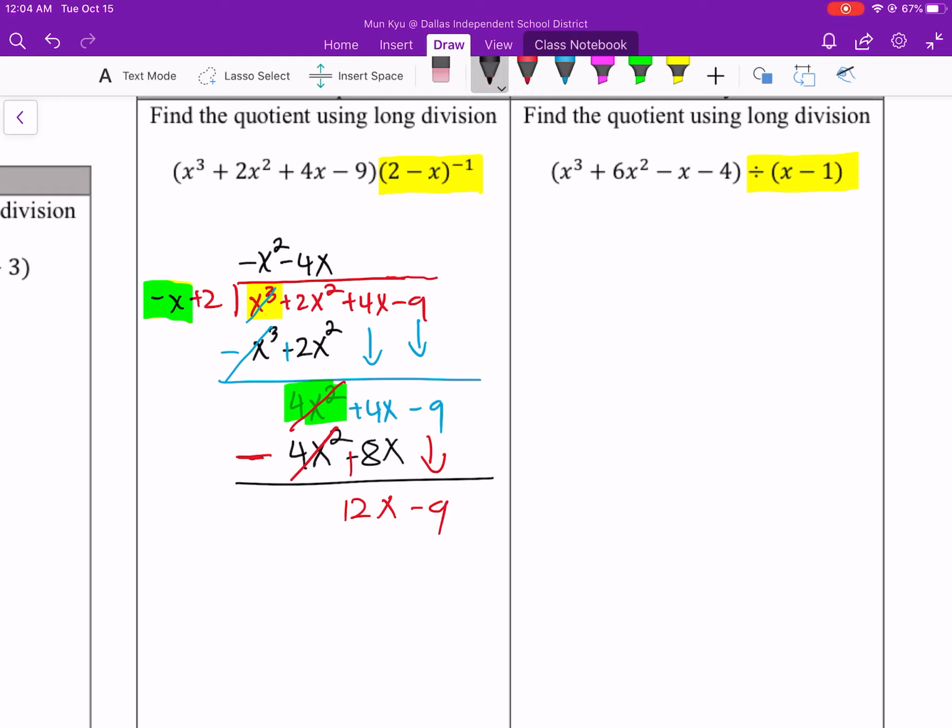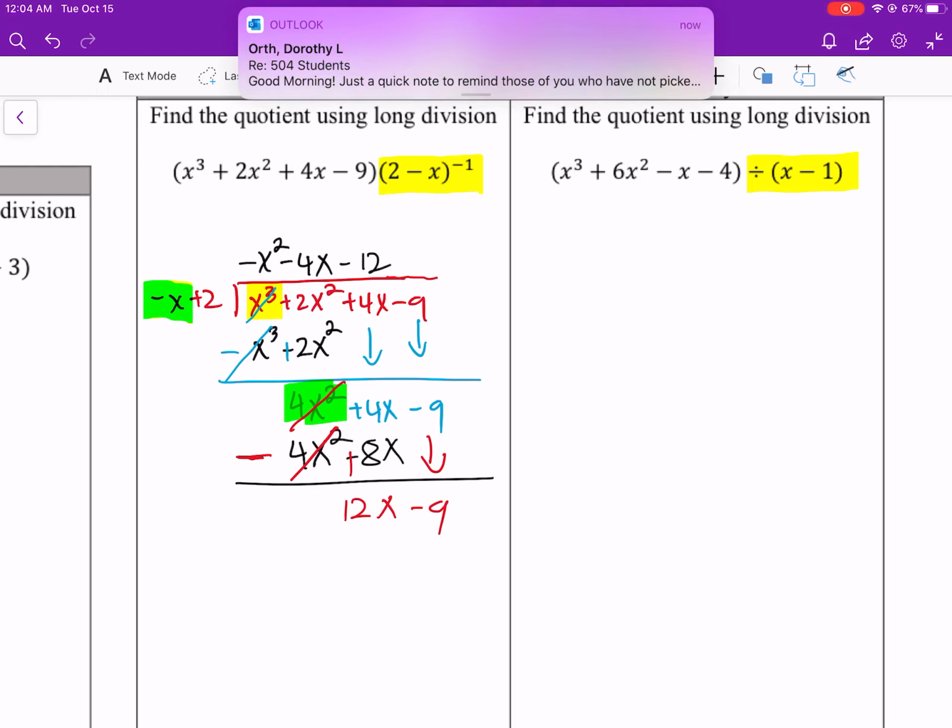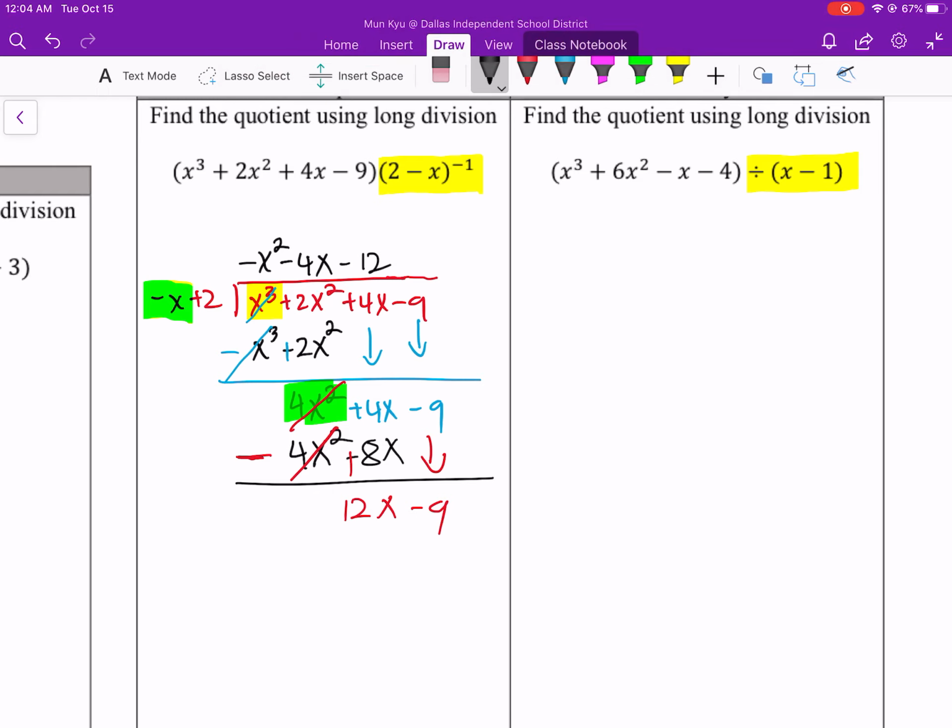Here's the last step. We still have one more x here, and we have negative x. So what should we multiply? To me, it should be minus 12, right? Why do we have this? Negative 12 times negative x is going to be positive 12x. And again, negative 12 times positive 2, if you're good at mental math, that's going to be negative 24.